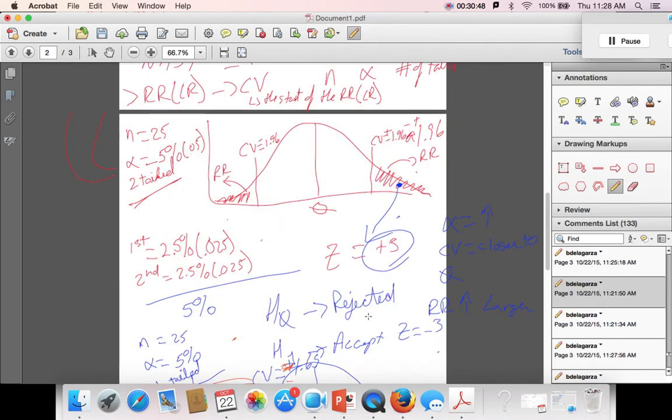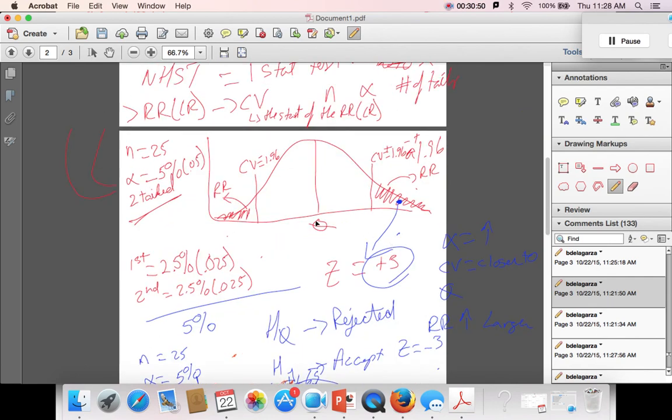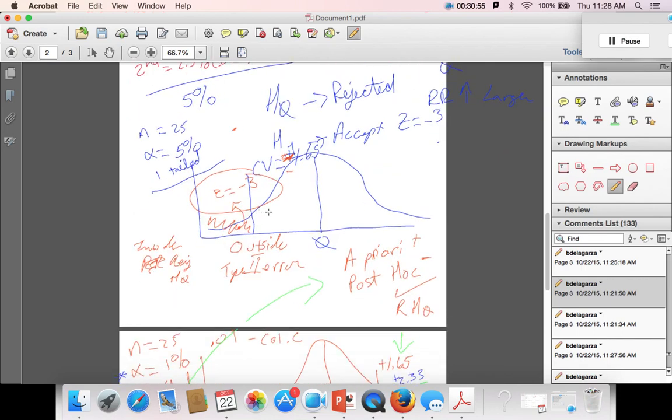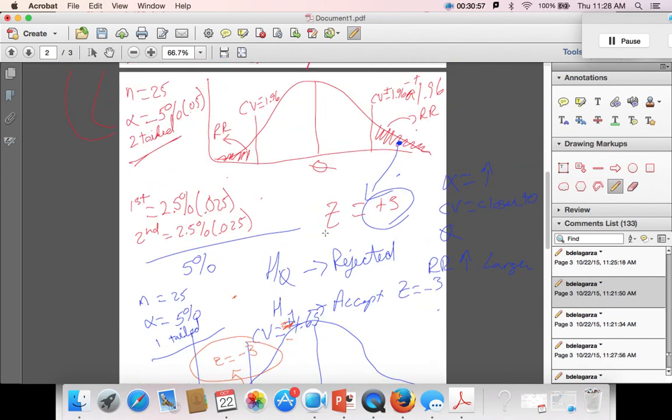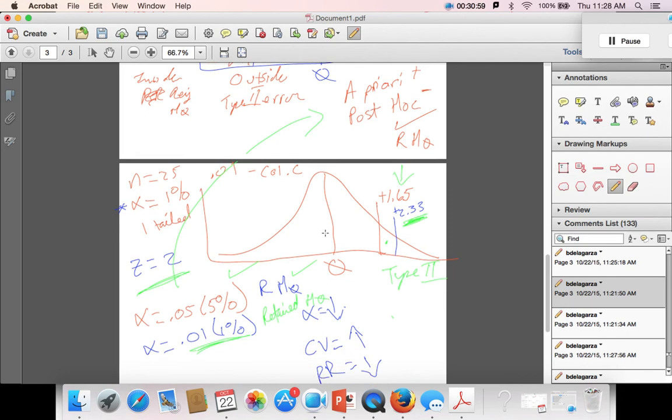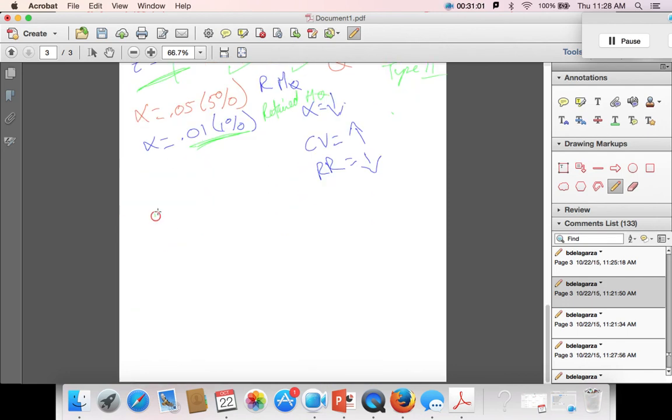So you'll notice now that when I went from a two-tailed test to a one-tailed test, my region of rejection got larger. So when I went from a 2 to a 1, okay? So a two-tailed test leads to smaller regions of rejection. It leads to larger critical values. And why?